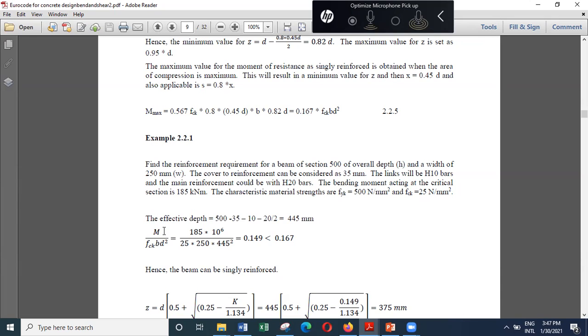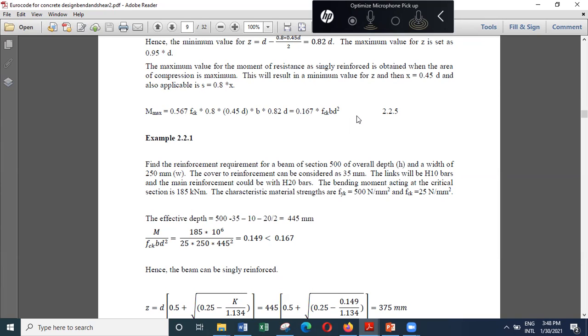But here, because we have a maximum limit of 0.45, we have a slightly different situation, but still the maximum moment carrying capacity is sometimes termed as M balance. So you can find what is the value of M balance. That is 0.167 into fck b d squared. And when you do that, you will end up with a moment which will be greater than 185. On the other hand, you can calculate M over fck b d squared and then show that it is less than 0.167. So this is an important equation, 0.167 fck b d squared.